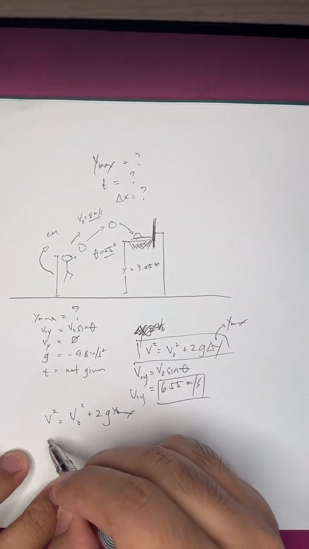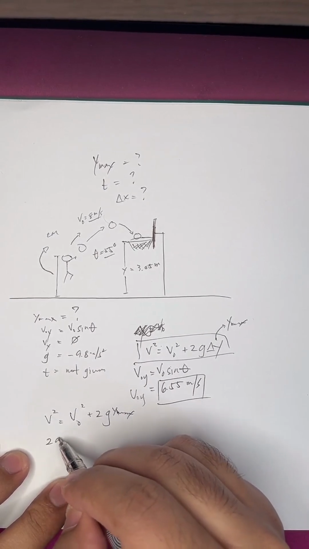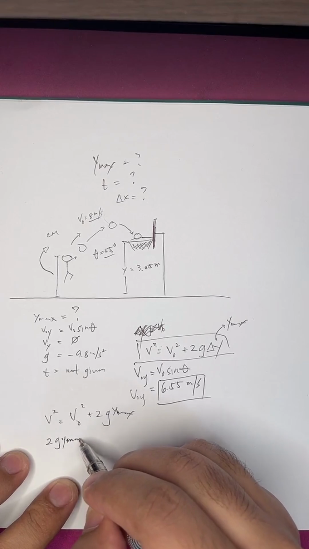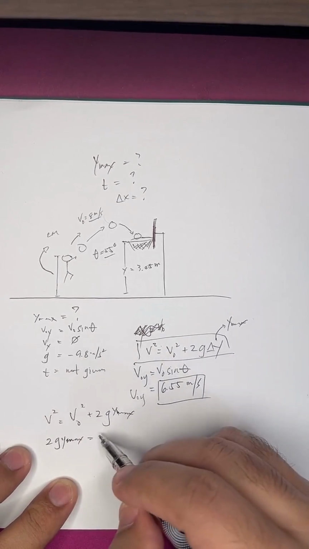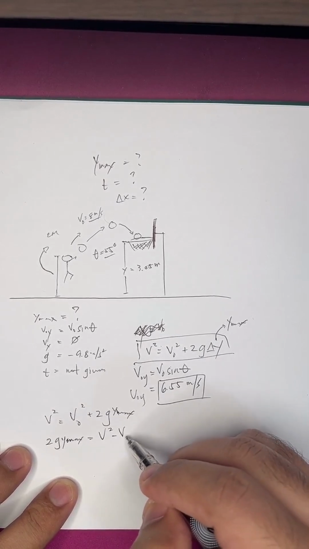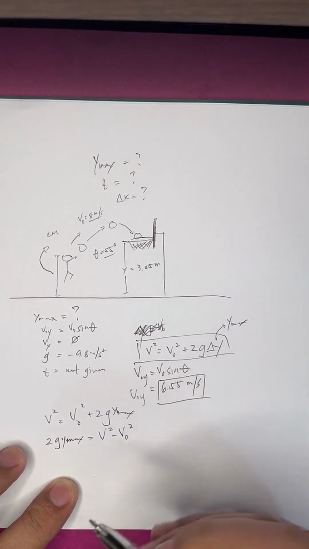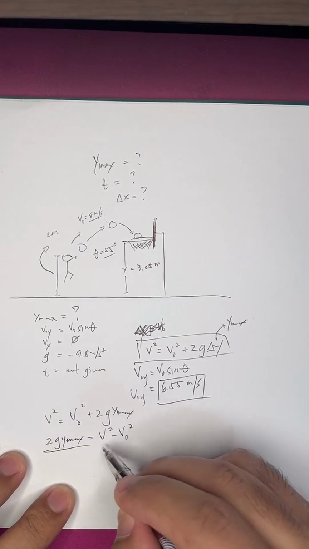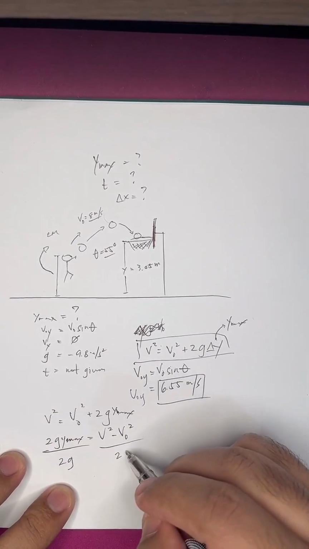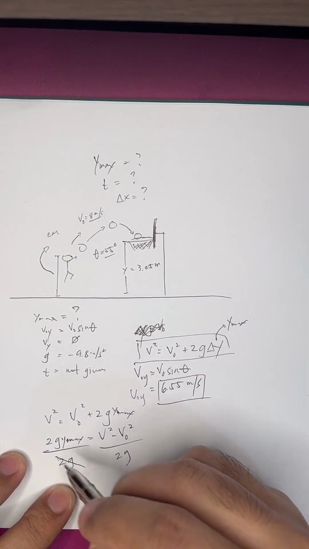This becomes 2g y max equals v squared minus v naught squared. Then divide both sides by 2g. Cancel this one here.